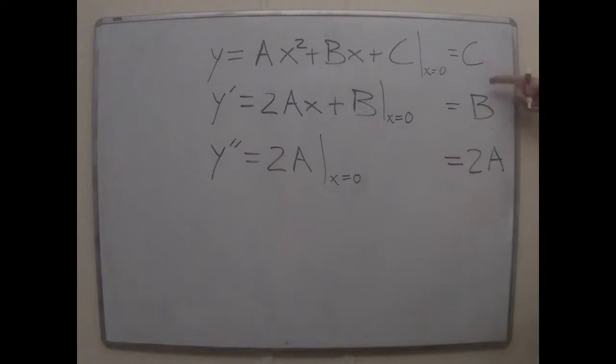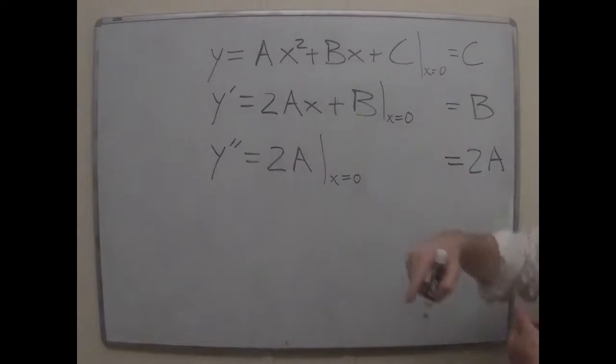So the constant is the value of the thing at 0. The first derivative evaluated at 0 gives you the linear term, or the multiplier on x. And except for this factor of 2, you get a out of the second derivative.